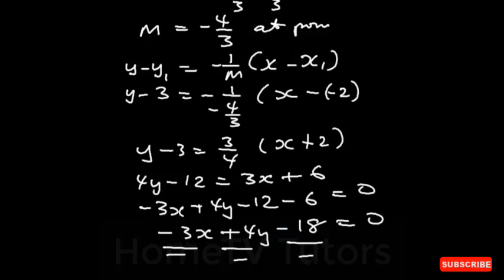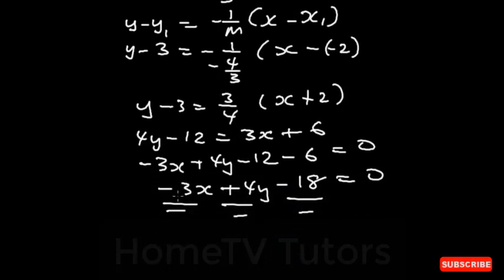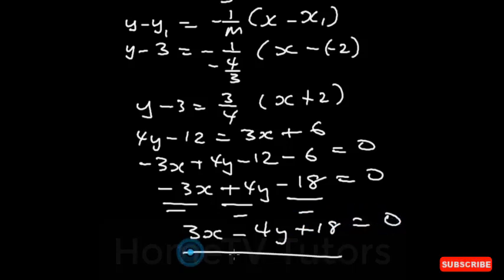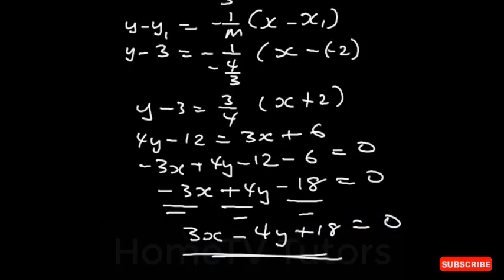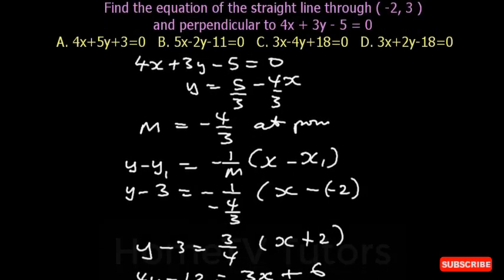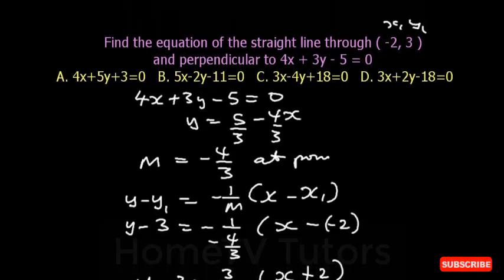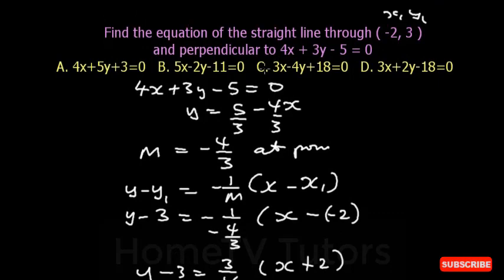So we end up with 3x minus 4y plus 18 equals 0. Okay, let's check the answer options. Yeah, C is the right answer option.